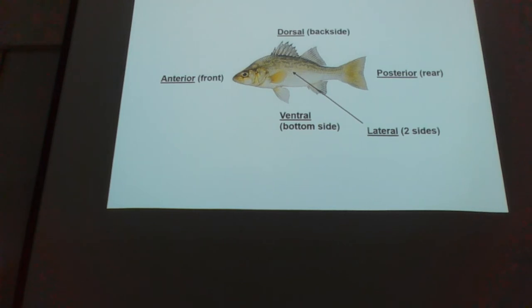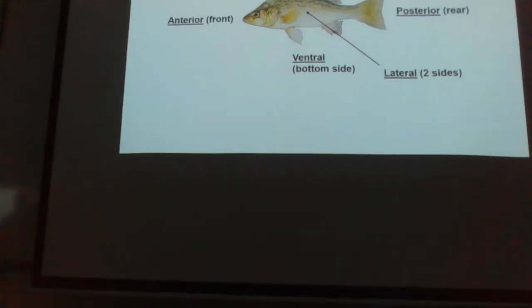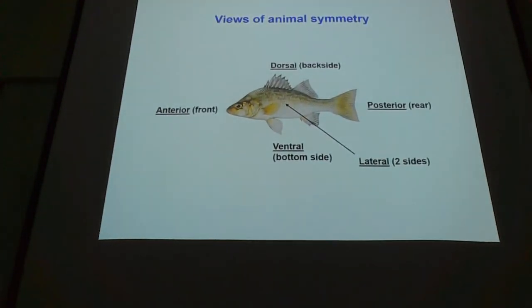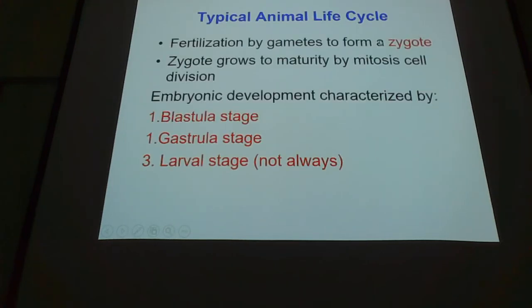So dorsal, remember, as we are upright, if you don't want to get confused, imagine that you are positioned like a dog, and the dorsal will be here, ventral here, anterior and posterior, okay? And then lateral. Pretty easy for most animals, probably except for us. These are the views, okay?